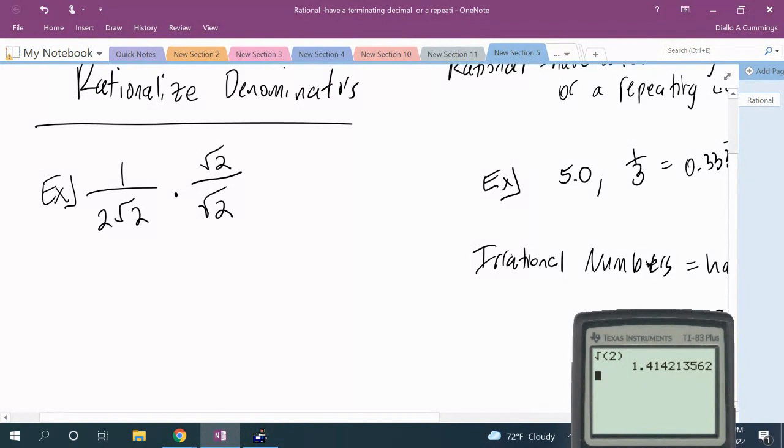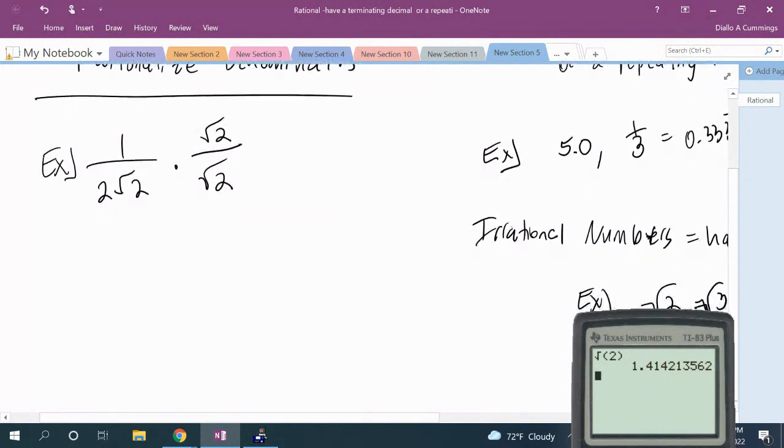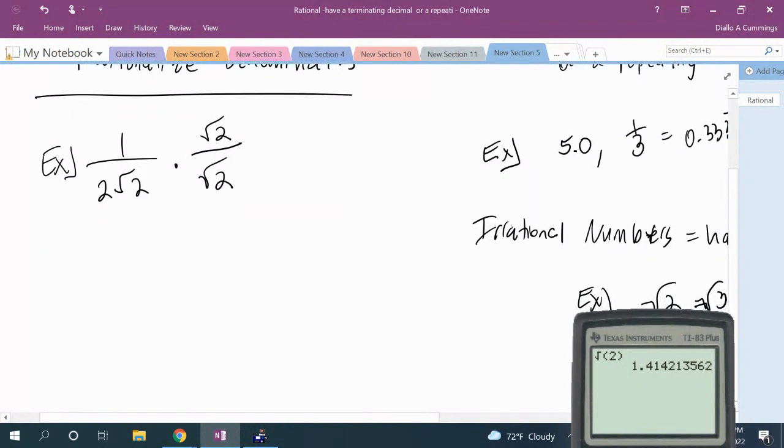From this point, I'm simply going to multiply the numerators and multiply the denominators. 1 times the square root of 2 is the square root of 2. 2 square root of 2 times the square root of 2: the coefficient is 1, and I can only multiply coefficients, so 2 times 1 is 2.